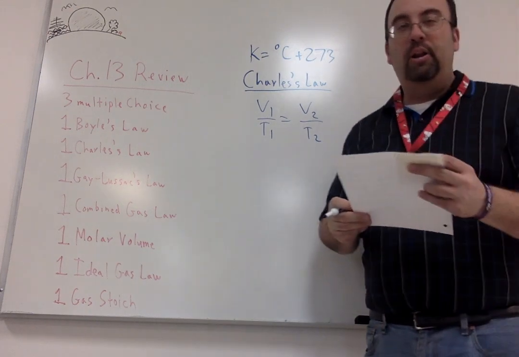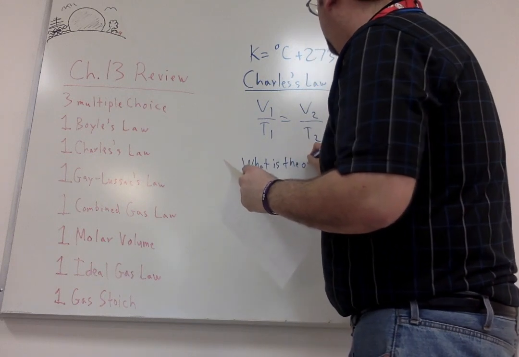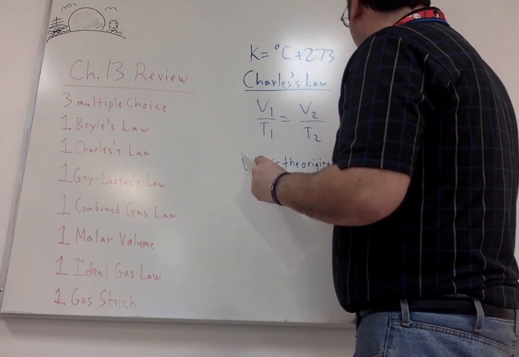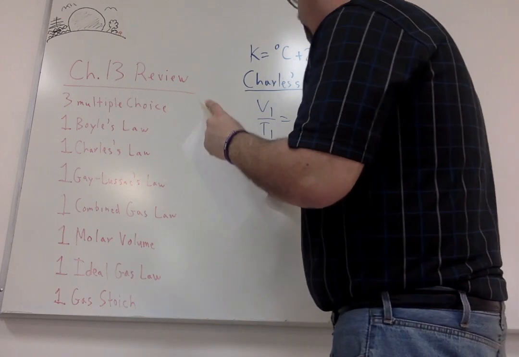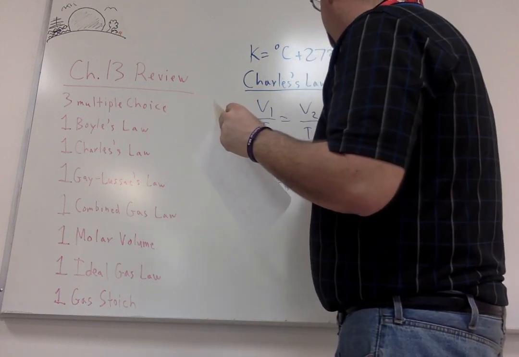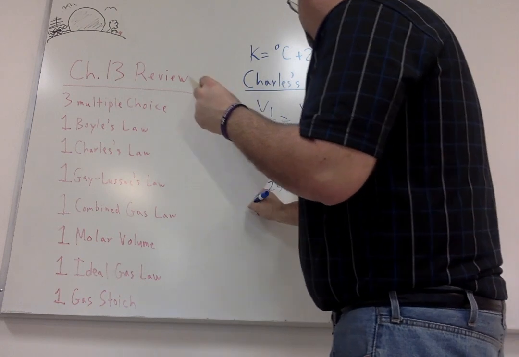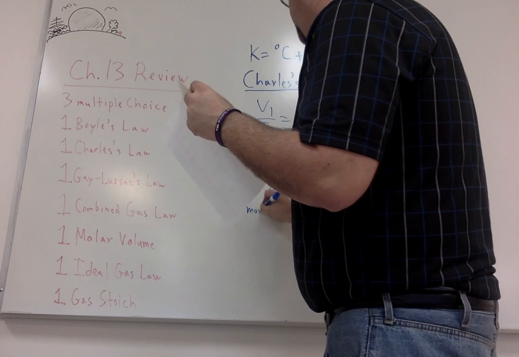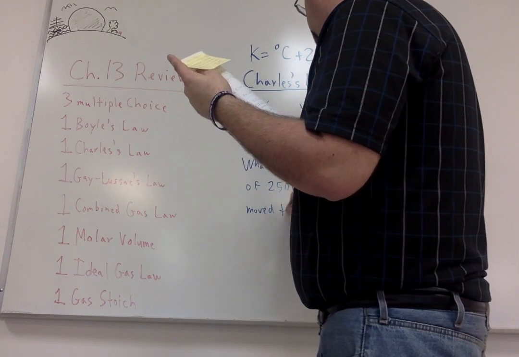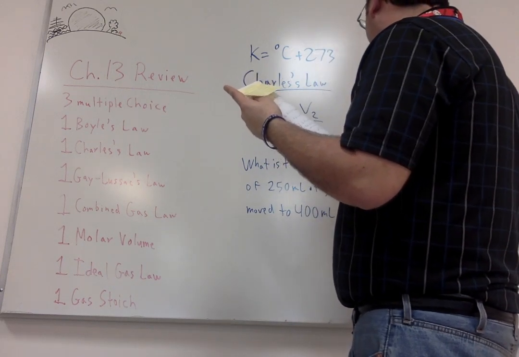And so the question: what is the original temperature of 250 mL of gas that is moved to 400 mL at 25 degrees C?